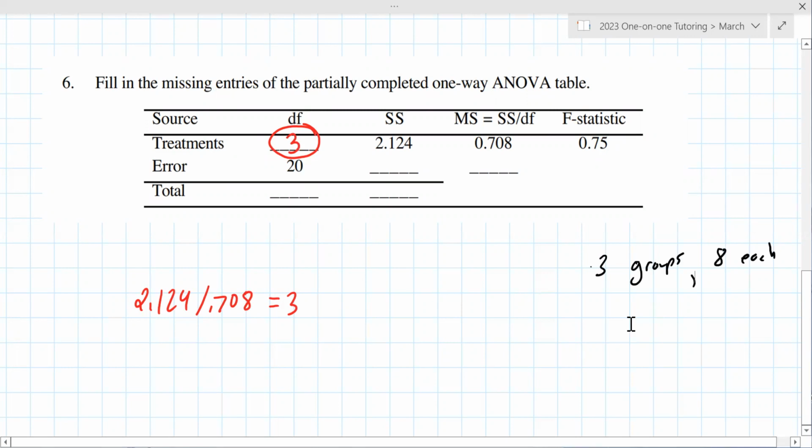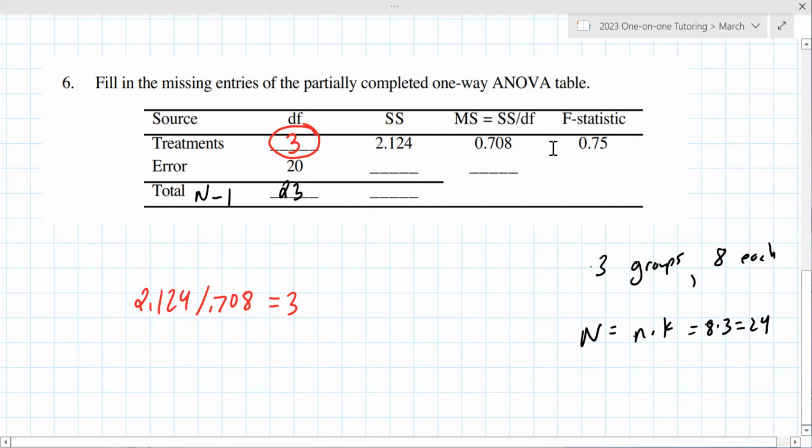That tells you the total number: N times K is the total number, 8 times 3, which is 24. And your total is always big N minus 1. If I told you that was 23, you could then subtract 20 to get the 3. Got it.